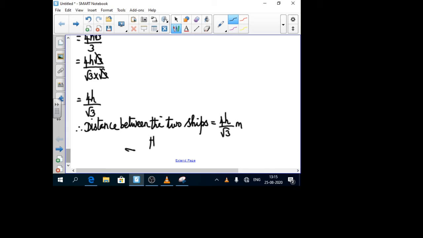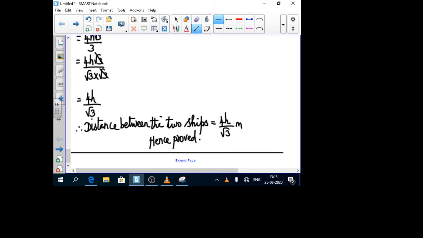Hence proved. So first, using the two right angle triangles, you find the tan value. Then if you subtract, you will get the answer.